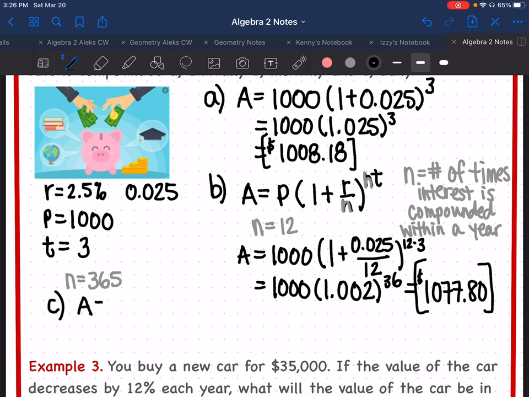Now, I've been told that what banks do is that they use 360 because they say there are 12 months, and each month has 30 days, and 12 times 30 is 360. So that's what I've been told that banks actually do.